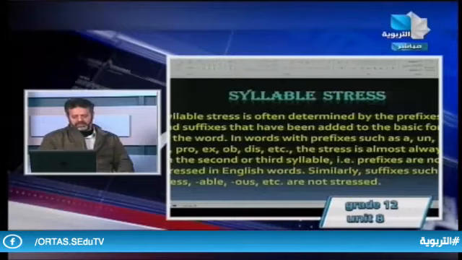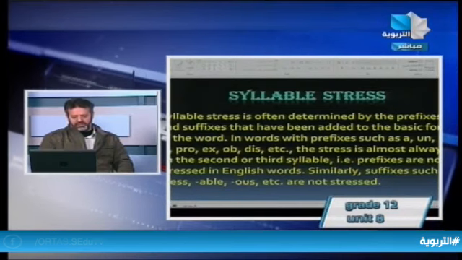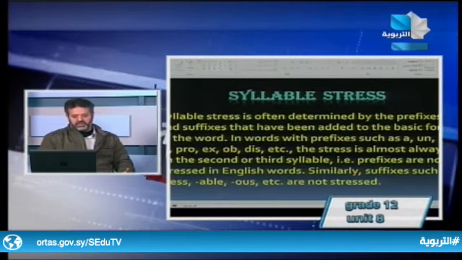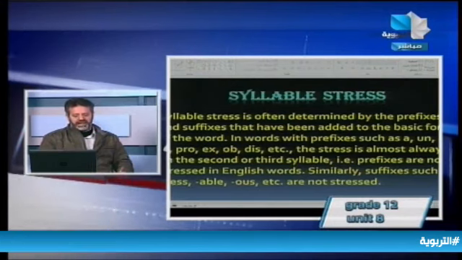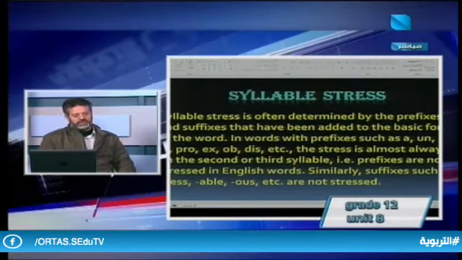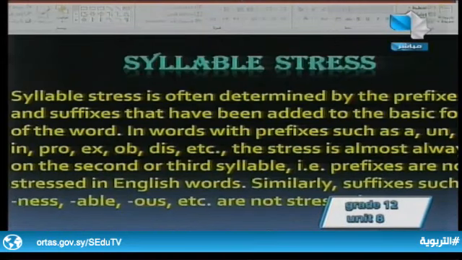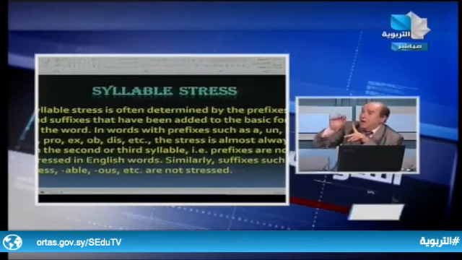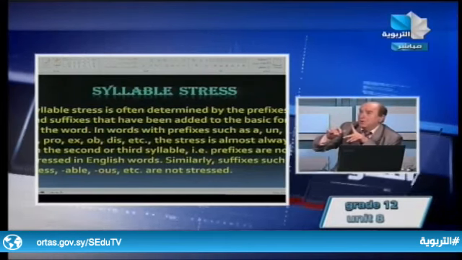In words with prefixes such as a, be, in, pro, ex, op, dis, etc., the stress is almost always on the second or the third syllable. Exactly. So prefixes are never stressed at all. What about suffixes? Are they stressed also? The same, they are not.